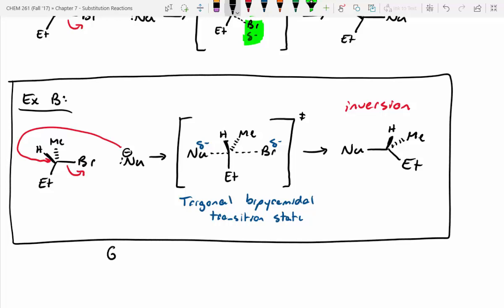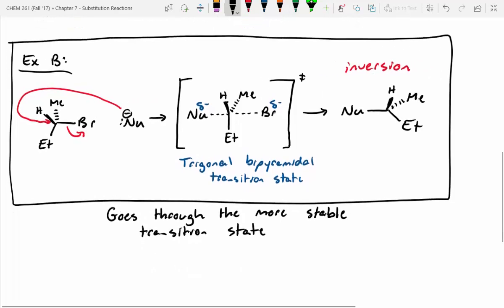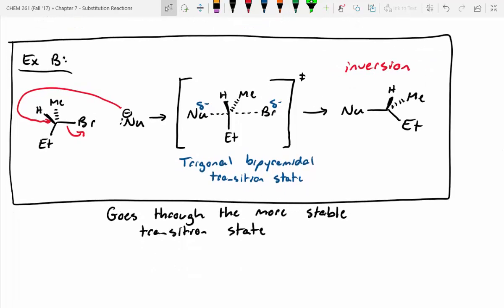So this goes through the more stable transition state. And in fact, experimental evidence shows that we actually only get inversion.